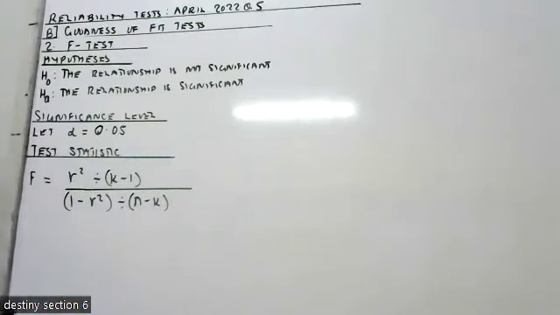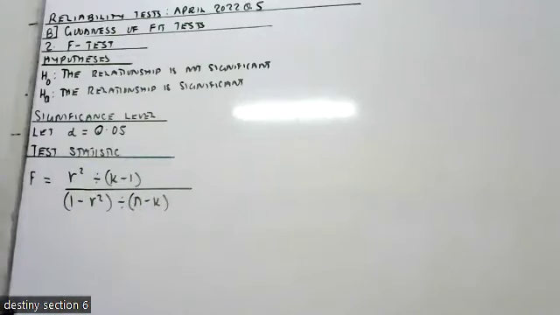I proceed now to the next step, which is called the decision rule. Under this decision rule, first of all, we have the numerator degrees of freedom, which is 2 minus 1, so that is 1.